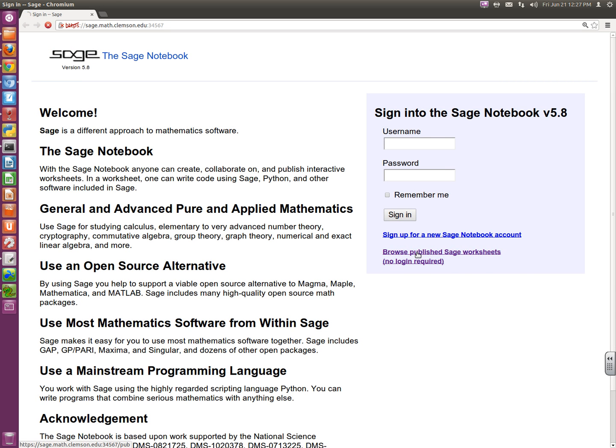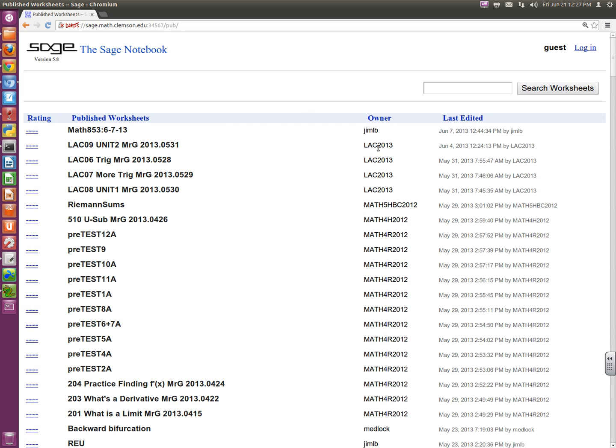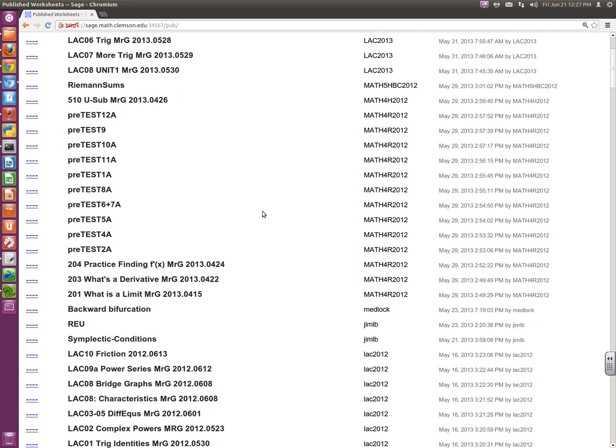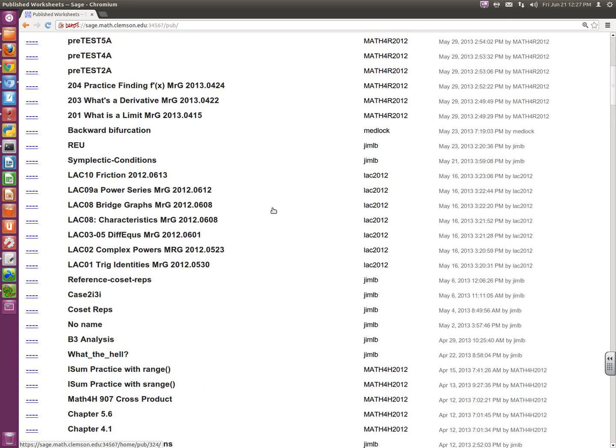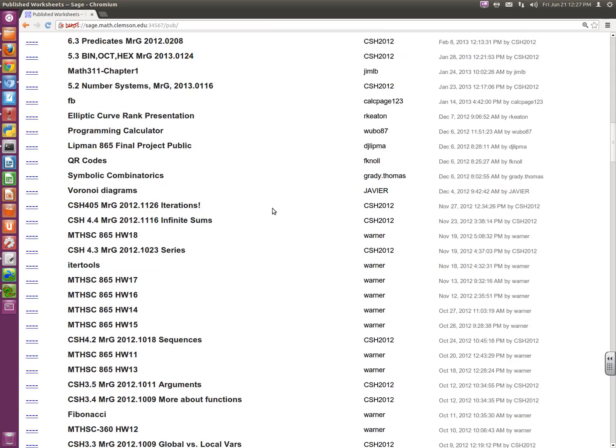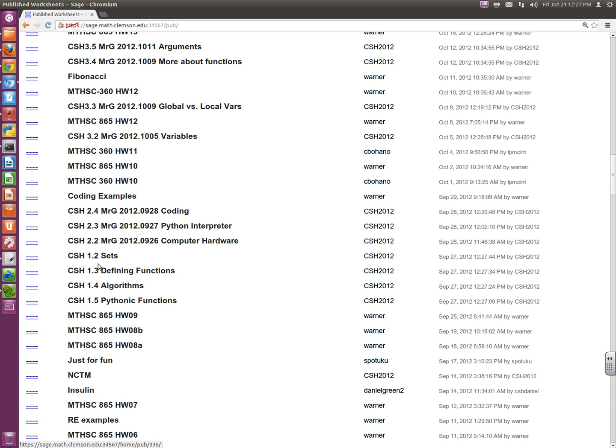I have a lot of stuff published on here, like Calculus, Math 5H, Math 4H, Math 4R, that's me. Did I publish a lot of stuff in here for Computer Science Honors? Yeah, there it is, Computer Science Honors, Chapter 1, Chapter 2. There's a lot of stuff on here.